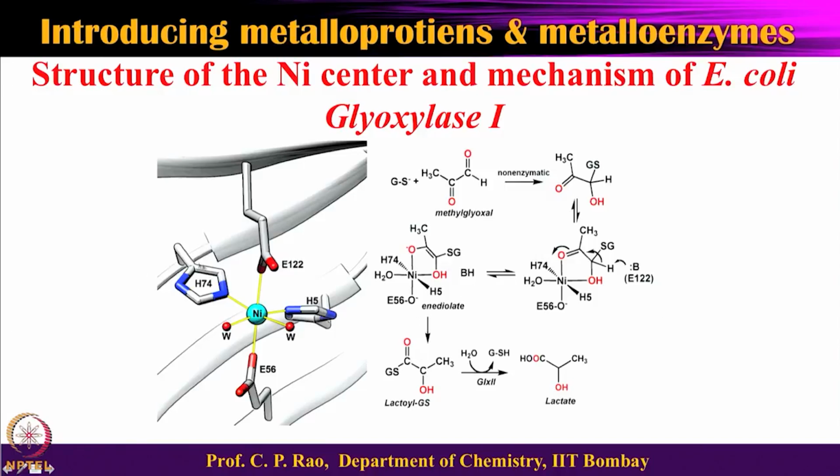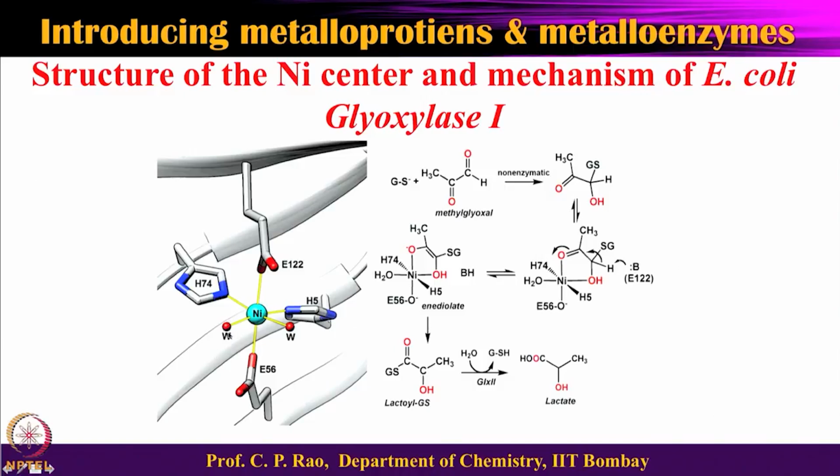In this case the nickel is bound to 2 waters, the aspartic, the histidine, etc. You can see very nicely 1, 2, 3, 4, 5, 6. So, you have a hexa-coordinated nickel, but with 2 water molecules, and you know when water molecules are there, they can either convert into OH or they can provide a coordination by elimination.